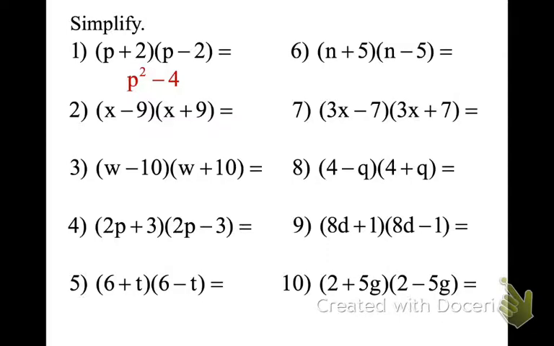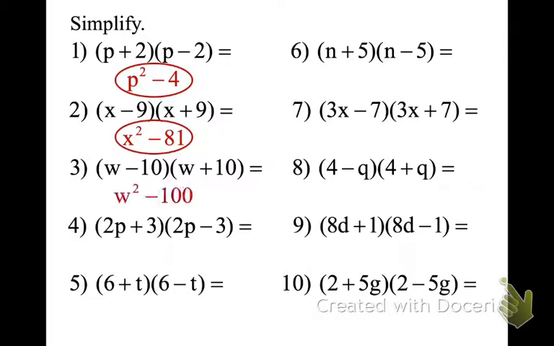It's x squared and then minus 81. Good. Next one, Alec. 3 squared minus 100. Good. Emerson. 2p squared minus 9? Nope. 4p squared. We have to square the whole term. 4p squared minus 9.